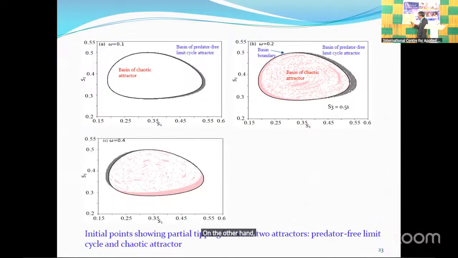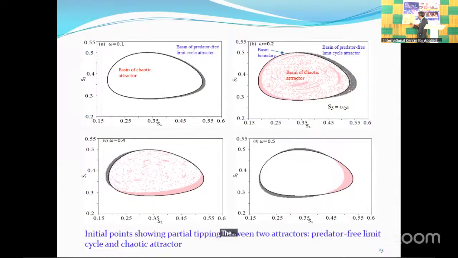On the other hand, if we increase the frequency, then look at this: these pink color initial values accumulate near the boundaries. If we further increase the frequency omega to 0.5, then there are pink initial values inside, but they only accumulate around the point.